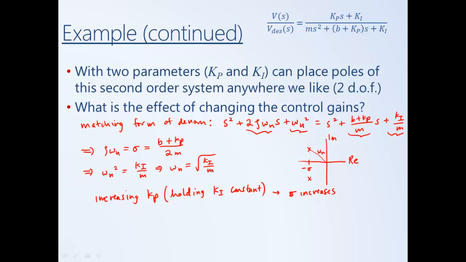But if we keep Ki constant, omega n will be constant. Okay, so right away we can see what the effect of that is.